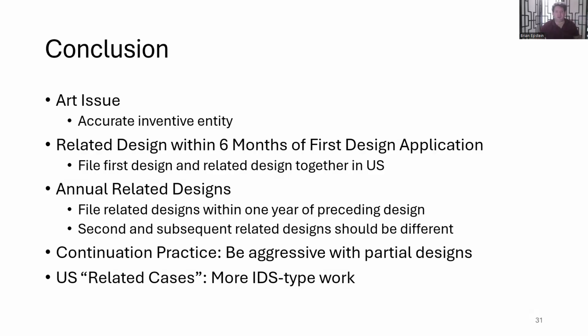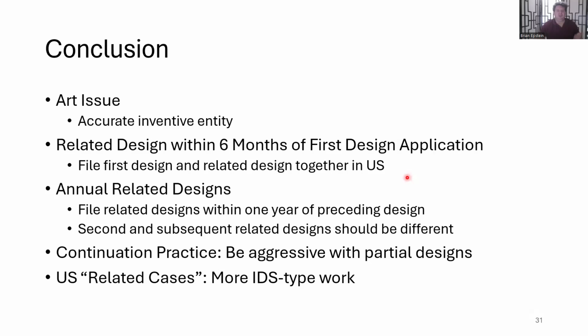So here's what we discussed today. We talked about this art issue that arises because the Americans don't have this exception that exists at the JPO. And here our advice is to accurately identify your inventive entity, right? Don't include the intern, don't include the CEO unless they actually helped invent it.